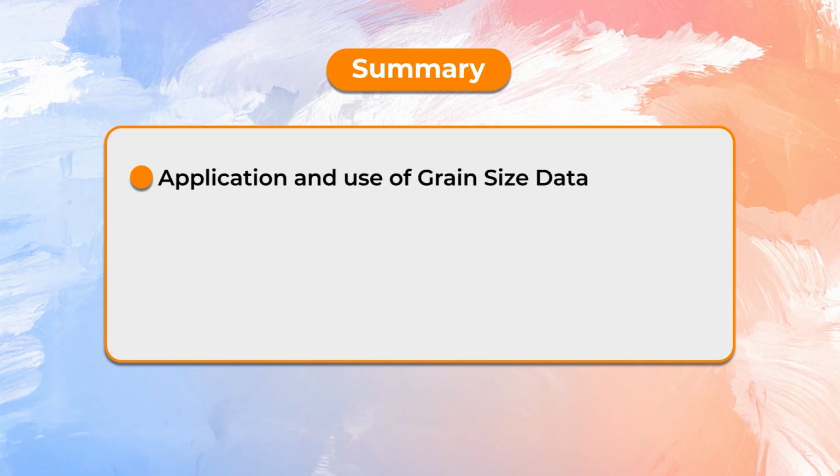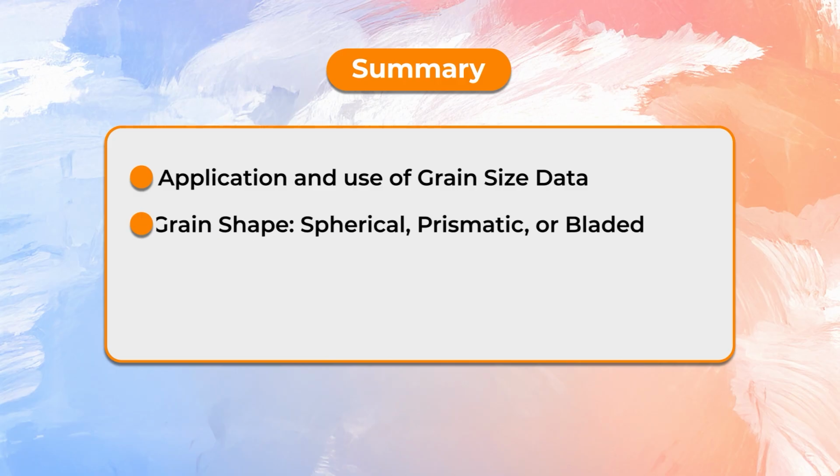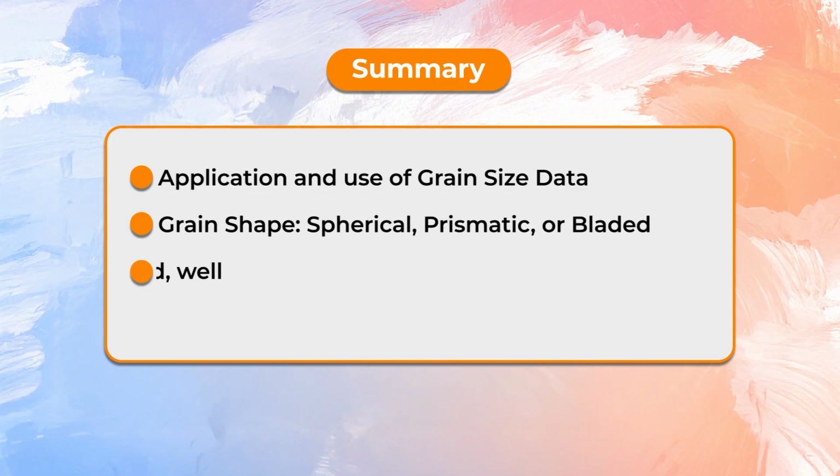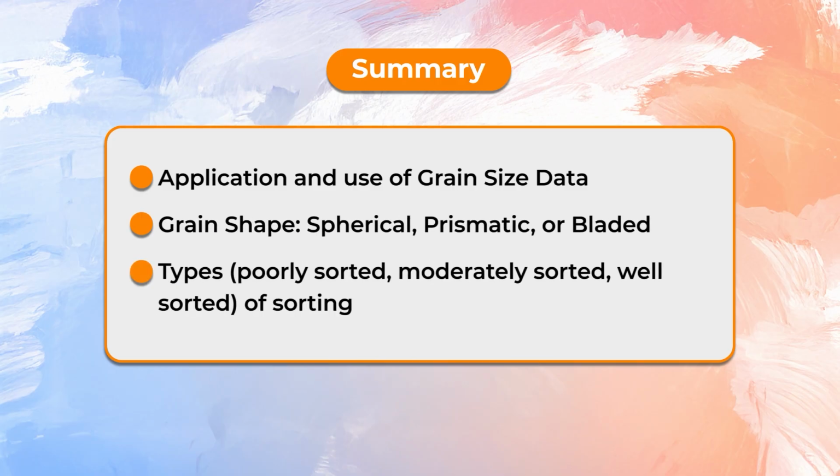We also studied the application and use of grain size data. We discussed grain shape, whether spherical, prismatic, or bladed. We also said what type of sorting they have, whether poorly sorted, moderately sorted, or well sorted. We also discussed the significance of sorting.